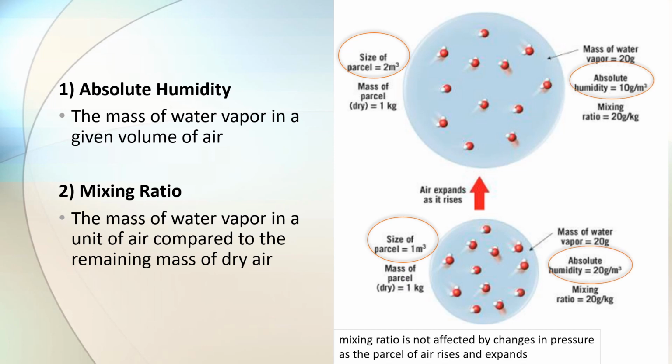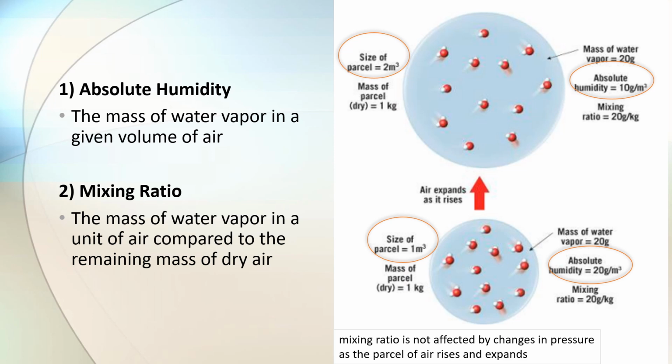So if you check the absolute humidity of this volume of air, the absolute humidity in the smaller parcel is 20 grams per cubic meter. And in this larger parcel, in this larger volume of air, it's 10 grams per cubic meter. So there is a difference.